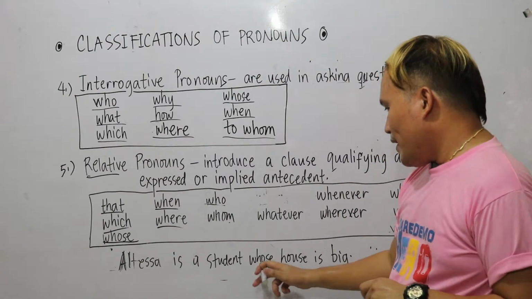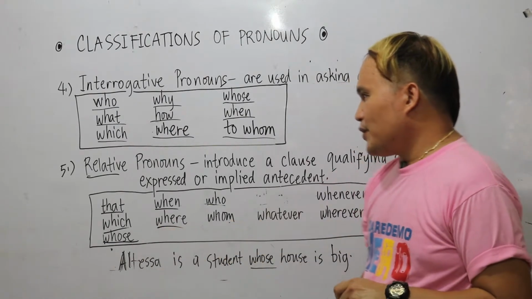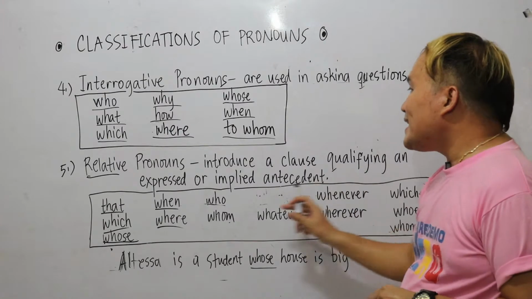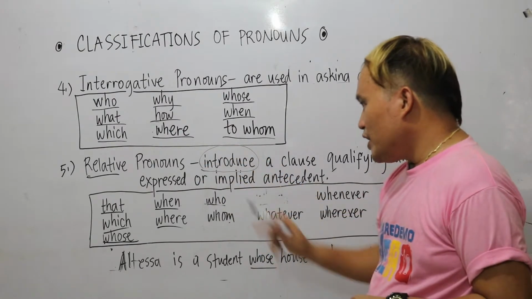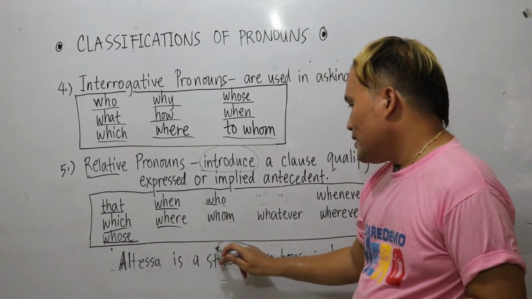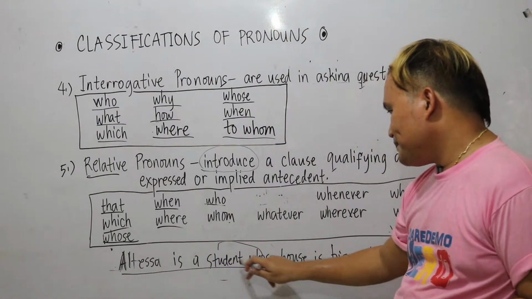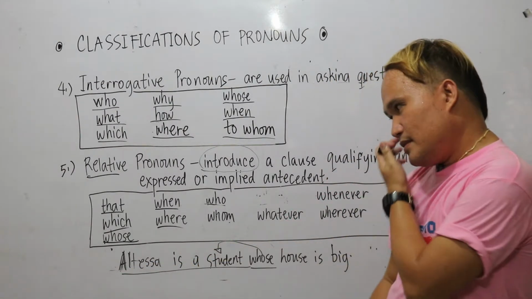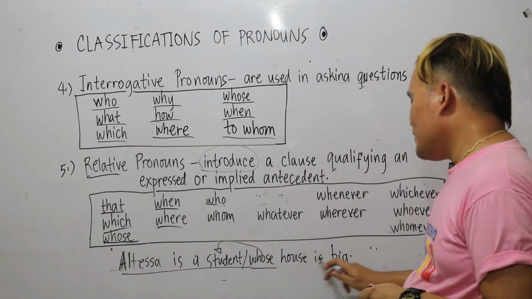Very good, we have whose. Whose here is an example of a relative pronoun because it introduces the antecedent, student, or this clause.